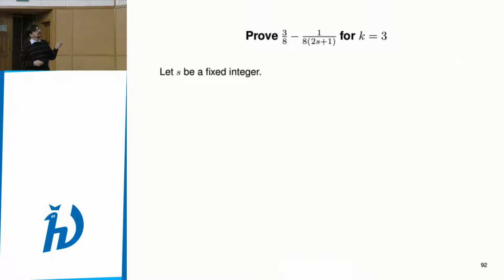Because if S is large, constant but very large, then it will be very close to 3/8. So we can prove 3/8 minus epsilon for any epsilon, and then it proves 3/8 what was conjectured.